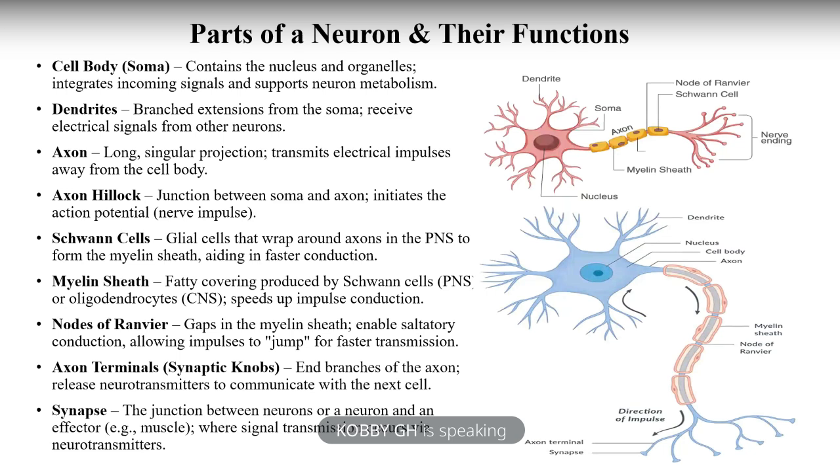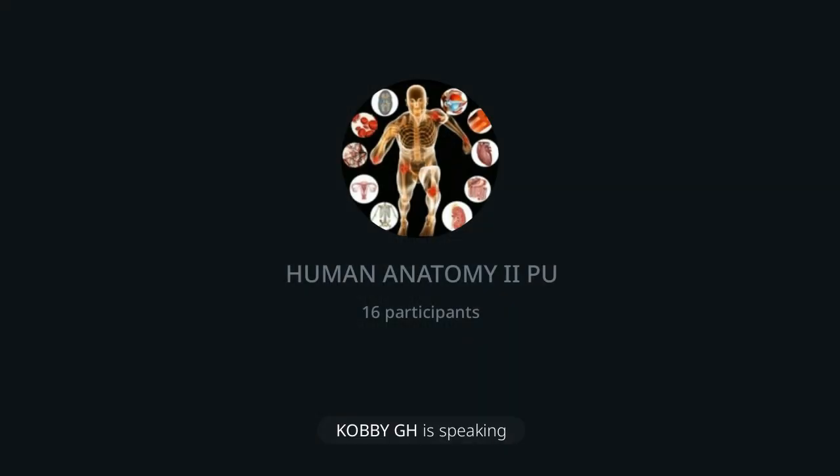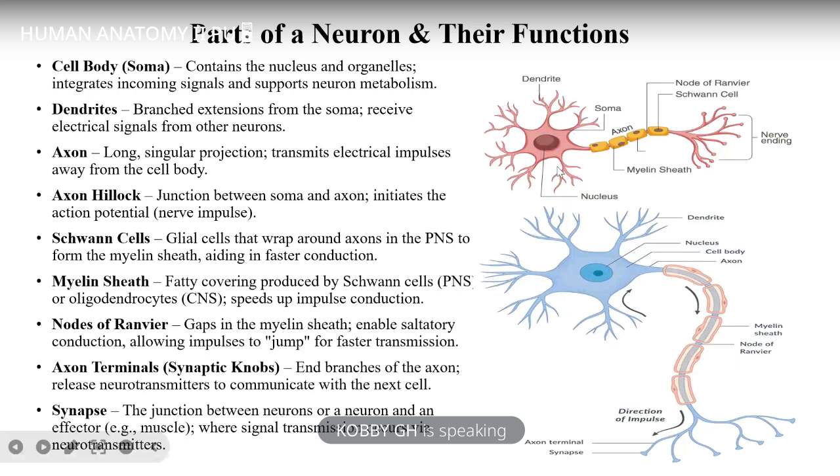This is where the action potential, or signal conduction, begins. The signal or impulse is received by the dendrites, but this is where the action potential begins. Is that okay? The axon hillock is where the action potential of nerve impulses is initiated.